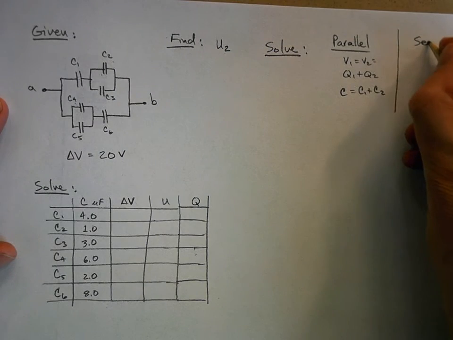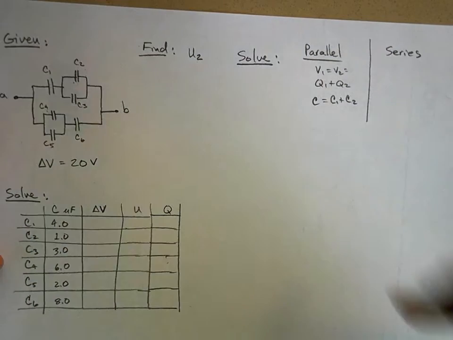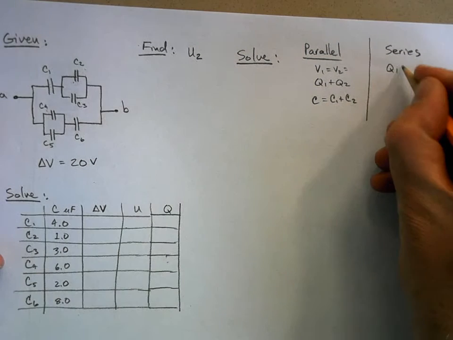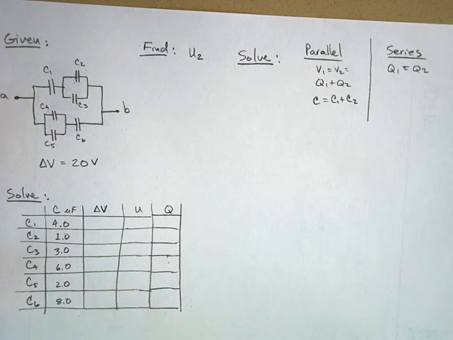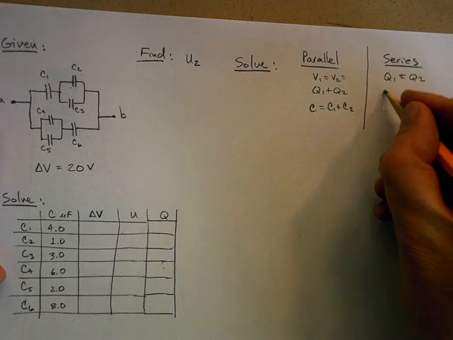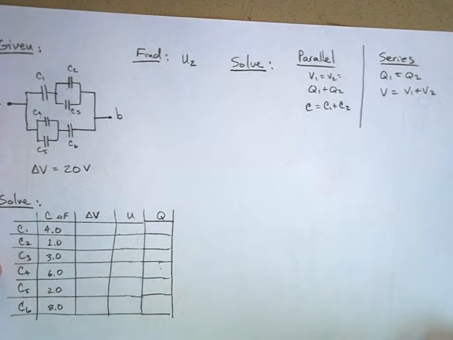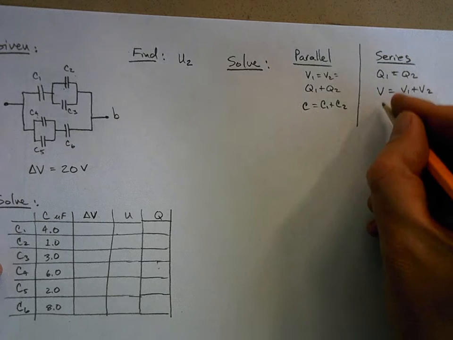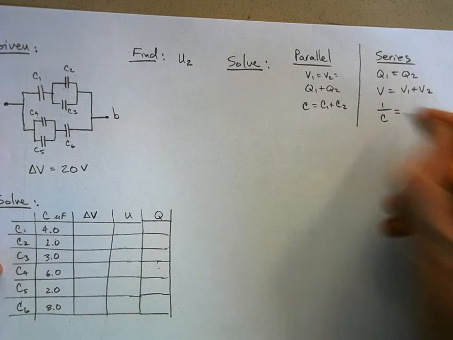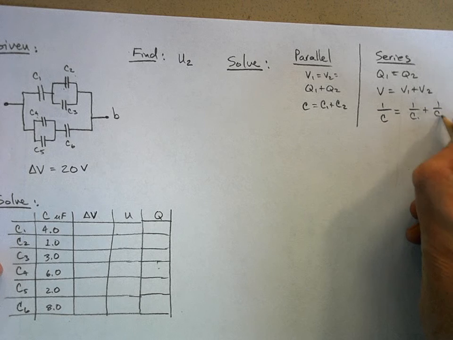If they're in series, well, then they're going to have the same charge. Q1 will equal Q2 if two capacitors are in series. But the total voltage will be V1 plus V2. In other words, the voltages add. And then the equivalent capacitance will be 1 over the equivalent capacitance is 1 over C1 plus 1 over C2.